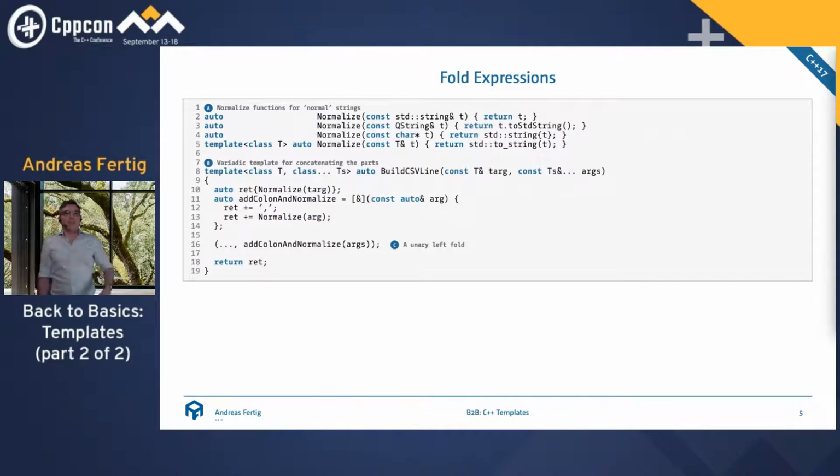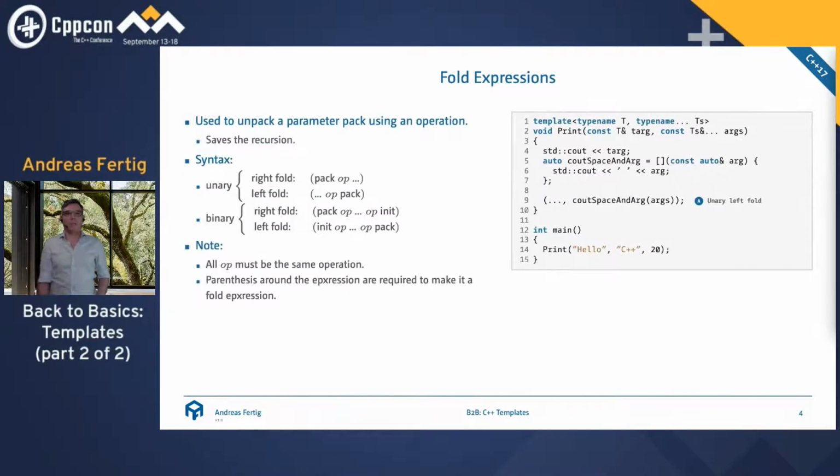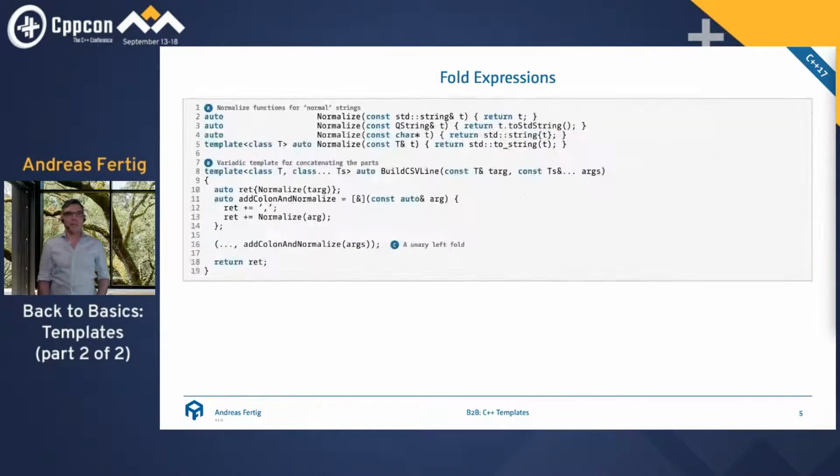So here's another example for fold expressions. What can you do with them? So before we had this print function, that's nice. Here I have something different. I reused the normalize function we've seen before in A, in the first slide. And now I have a new function template in B, build CSV line.